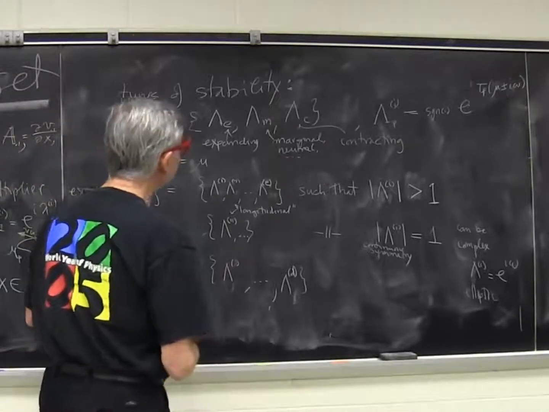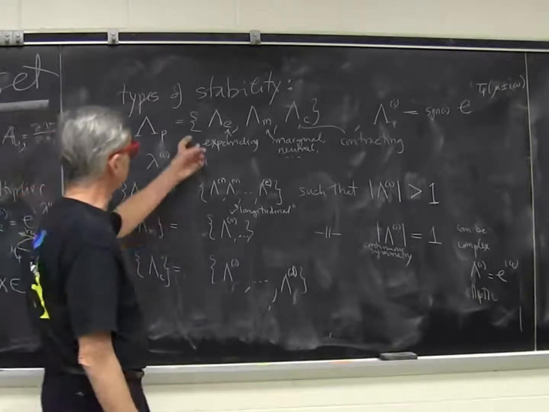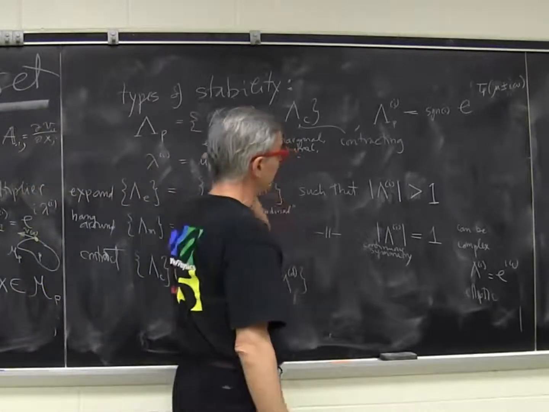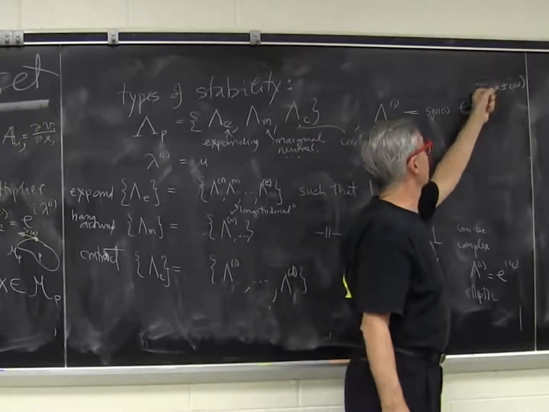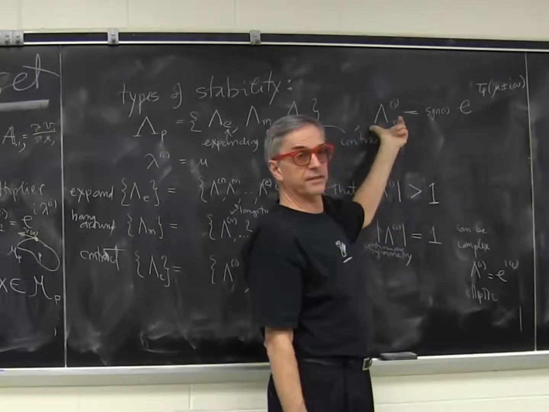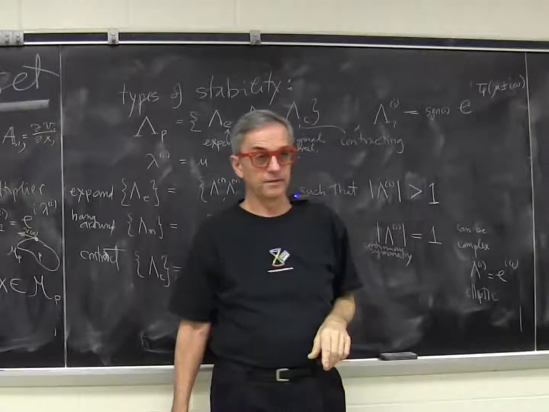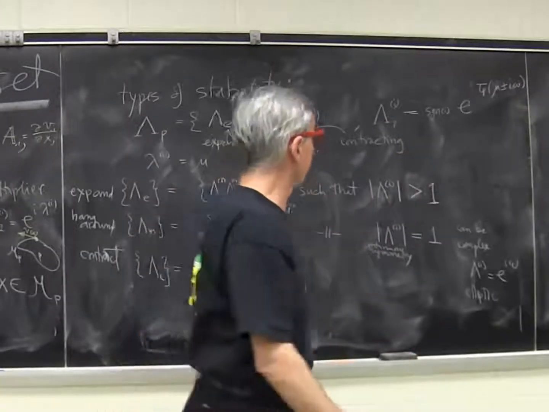And some people don't like these multipliers. The problem with multipliers is that when the period gets large, the multipliers can be very big. And it's hard to write them on a piece of paper.